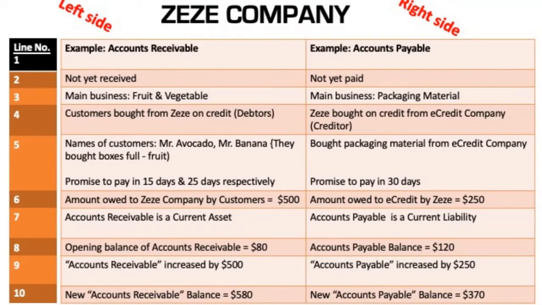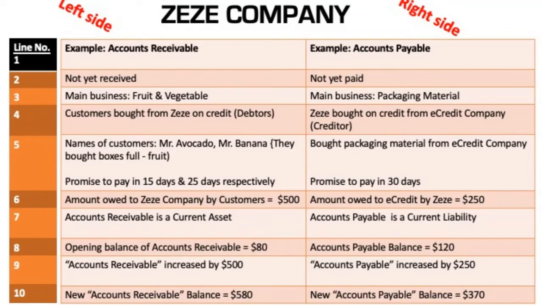Now, let us define accounts receivable. Why is it called accounts receivable? It is because Zeze Company has sold goods or provided services on credit.